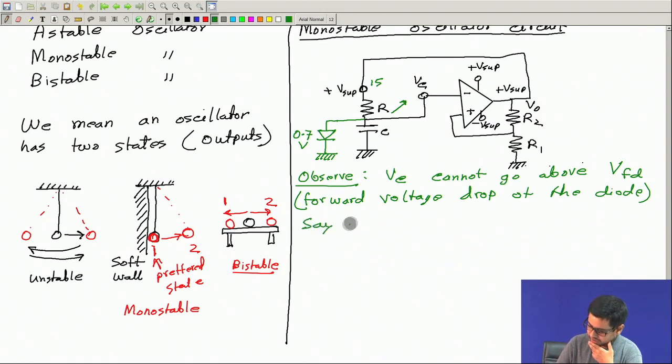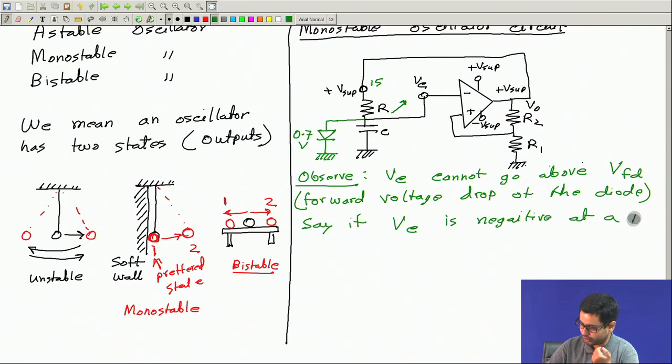Say if Vc, which is this voltage, that is capacitor voltage, is negative at some moment, at a point of time, then what will happen? This is negative, and let us say this is plus V sub, this output is positive, and Vo is positive.